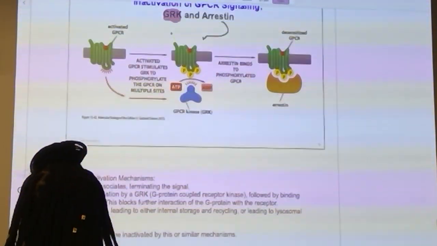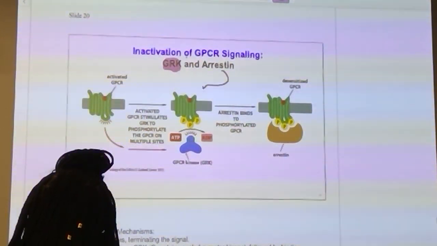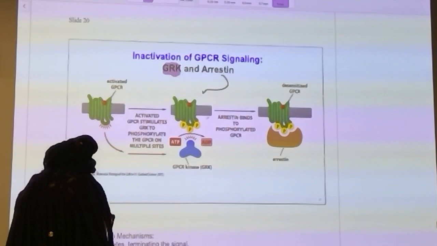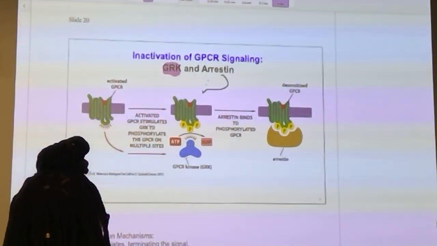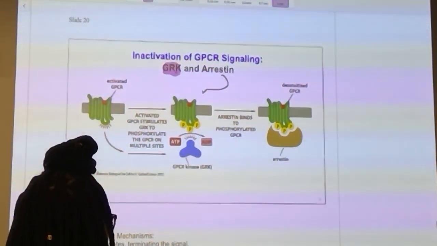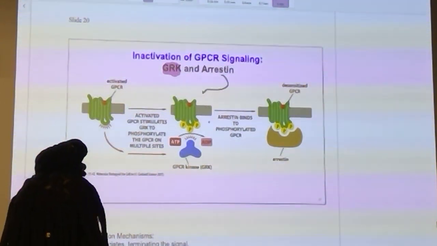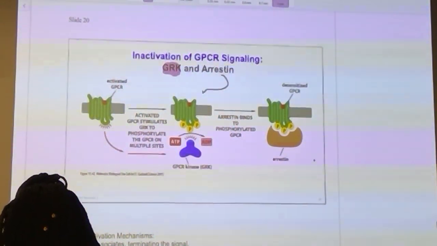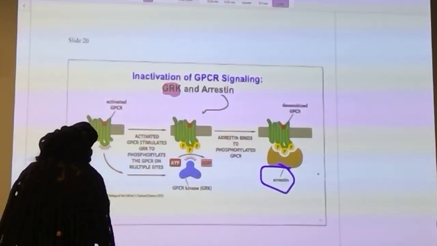Okay, so the ways to inactivate G protein coupled receptor signaling. This is one way, by inactivating the receptor itself. To do that, you first phosphorylate it by GRK. Then once it's phosphorylated, it allows for arrestin to bind to it, and then it inactivates it.